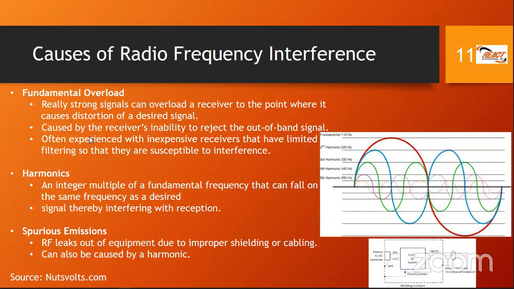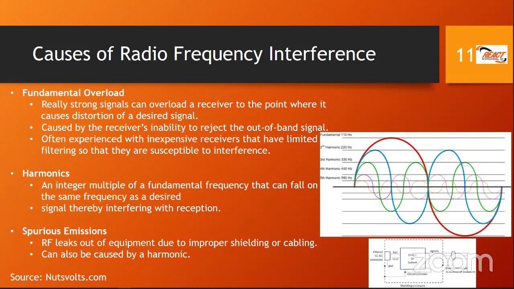Also, it's often experienced. Remember, we said a little earlier, you get what you pay for. Fundamental overload is exacerbated when you use inexpensive, let's use the word cheap, receivers that have limited filtering, so that they become susceptible to interference. So when you are in the market for purchasing radio equipment, and you see one radio is 400 US and the other radio is 1,000 US, you say, well, I wonder what's the difference, because they have the same features.